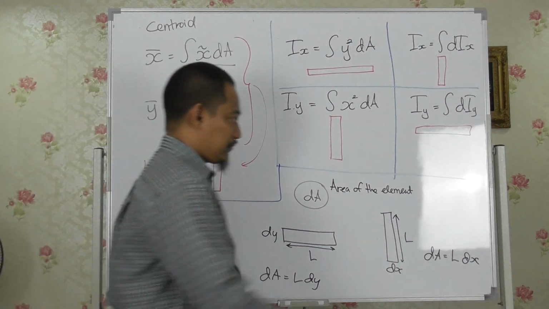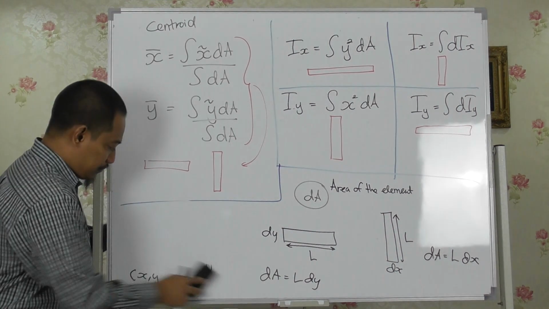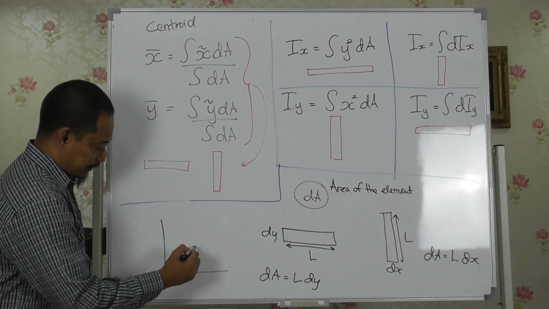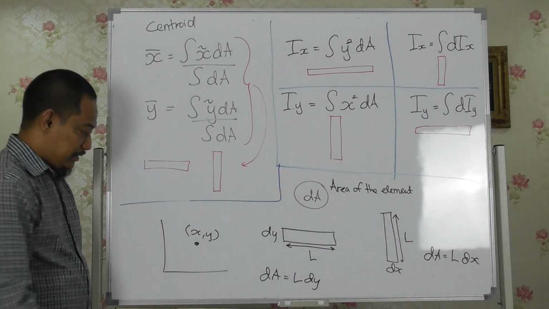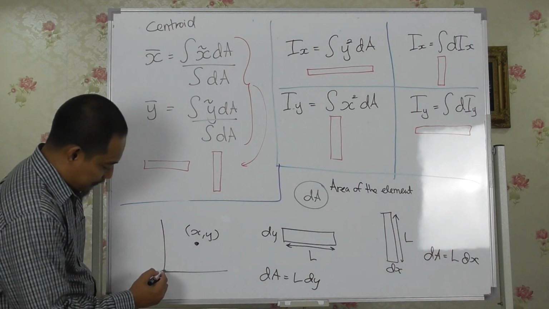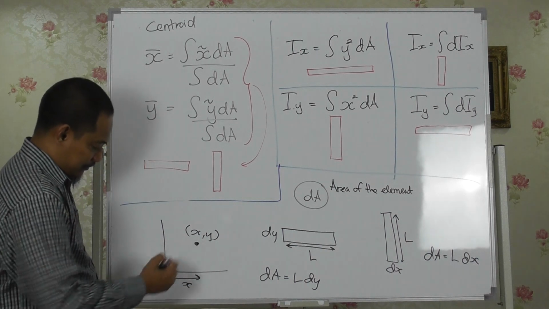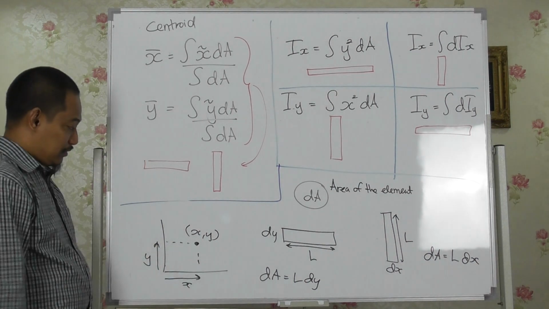So, okay, lights are there, right? If there is a point there with x, y, it is the coordinate. Of course, we understand, okay, this is x and this is y, right?